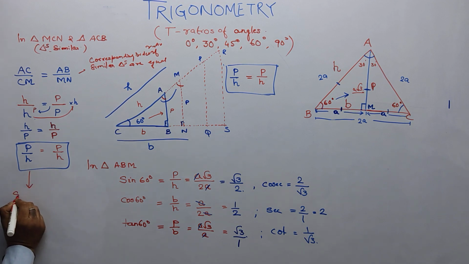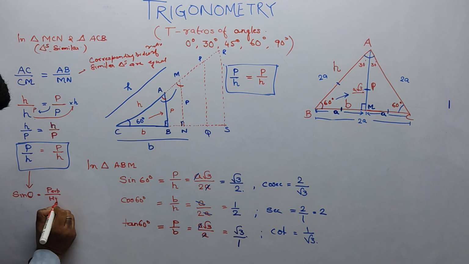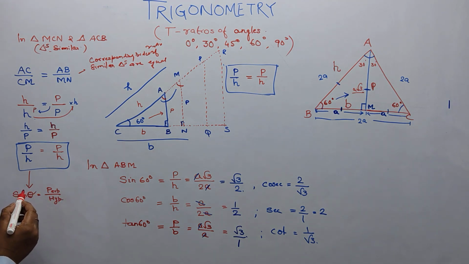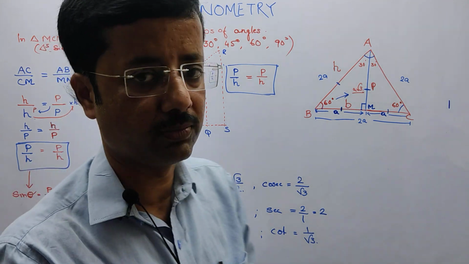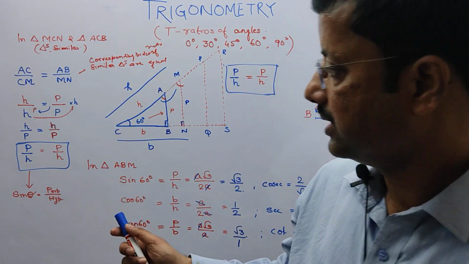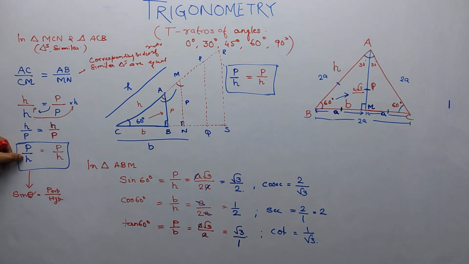P by H is perpendicular upon hypotenuse. So the perpendicular upon hypotenuse of both triangles is the same, bigger and smaller. In both triangles sine theta is the same.